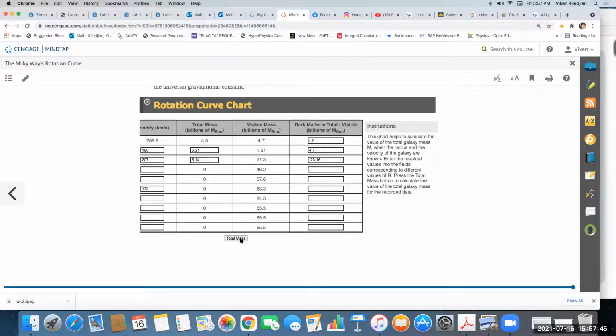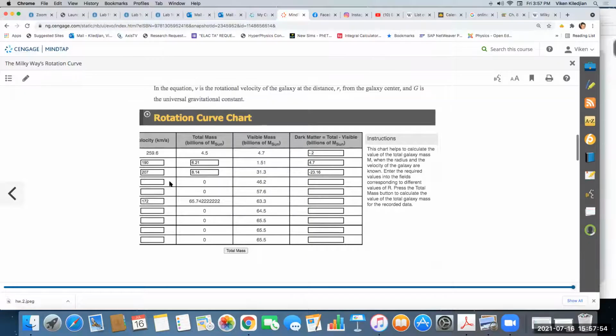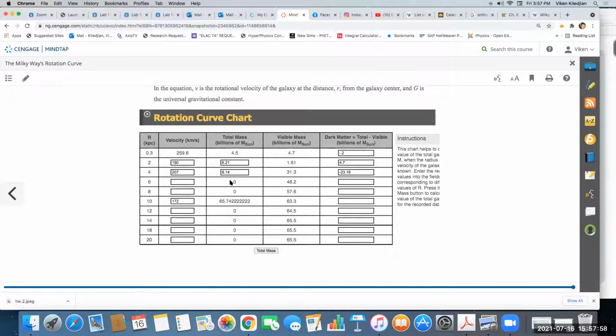So I have the total mass. Oh, it's doing the calculation. Oh, after the second, okay. So they don't want you to do too many calculations. After the first two, you could show work for these two, and then the other ones you don't have to show work for. The other ones, it's generating the numbers for you.